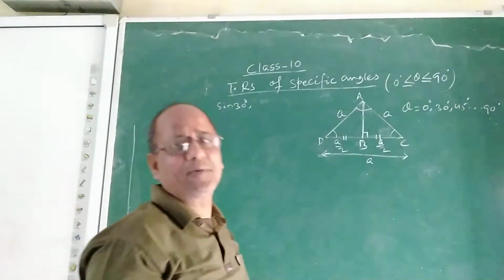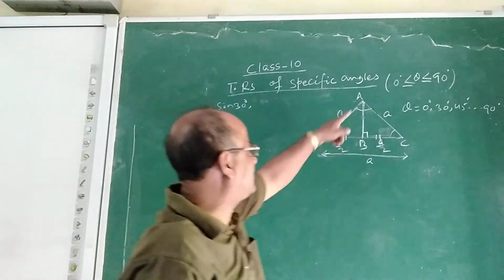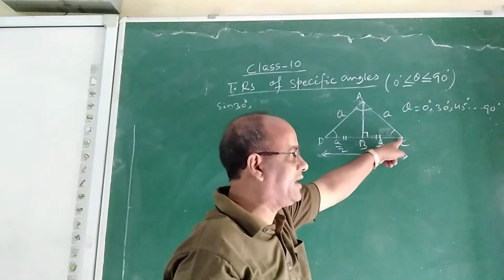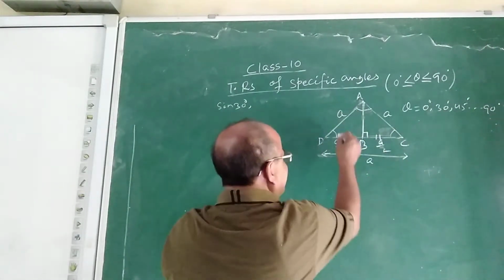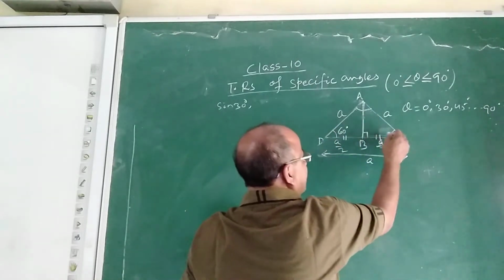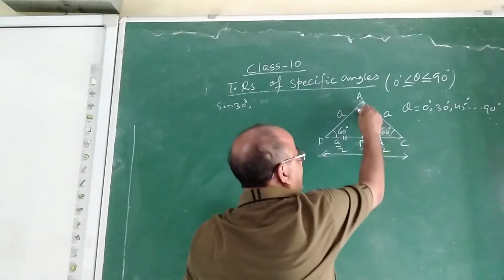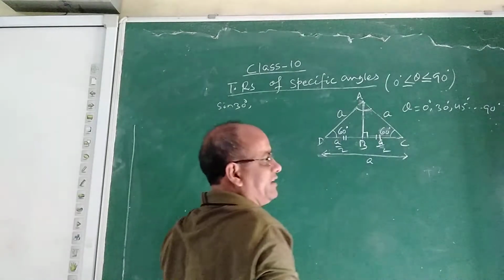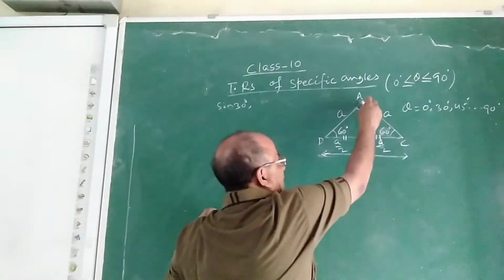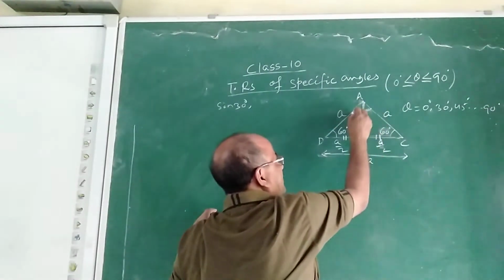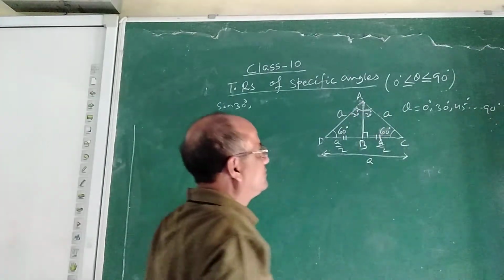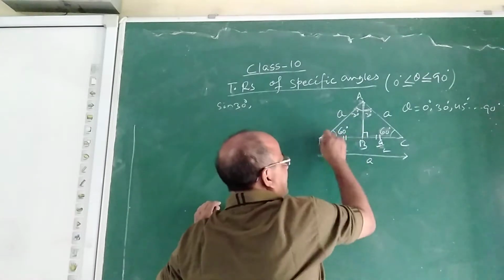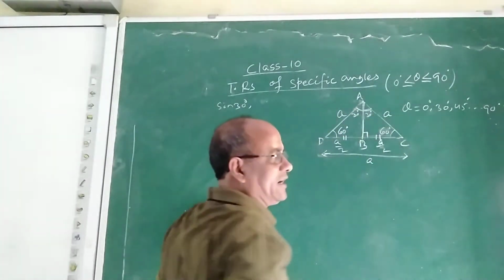What is the measure of each angle of an equilateral triangle? Each angle is 60 degrees, so angle A is also 60 degrees. Now AD bisects this angle, so each part is 30 degrees. Angle BAD and angle DAC are both 30 degrees.